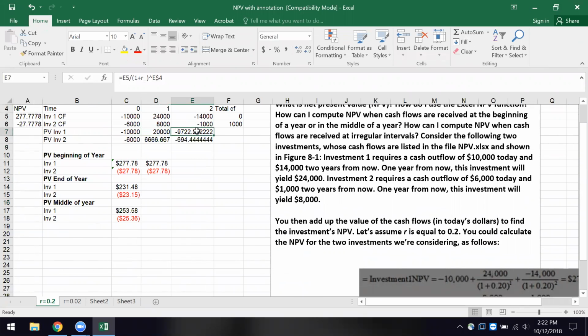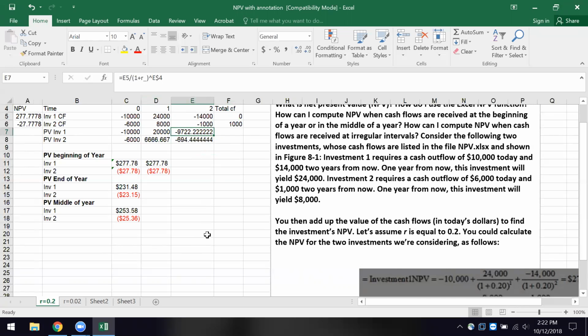And then we calculate this here. Notice here we're taking E5, and we're dividing that minus 14,000 by 1 plus 0.20 to the fourth power.